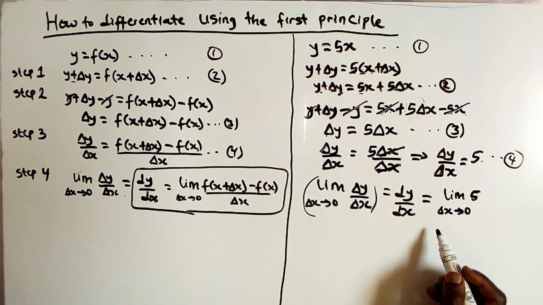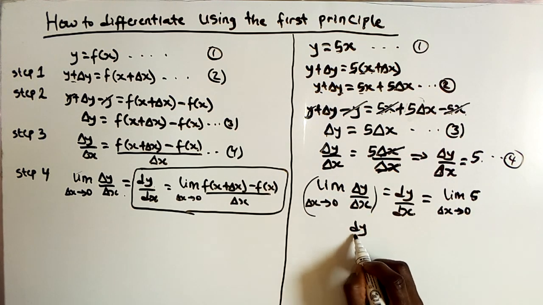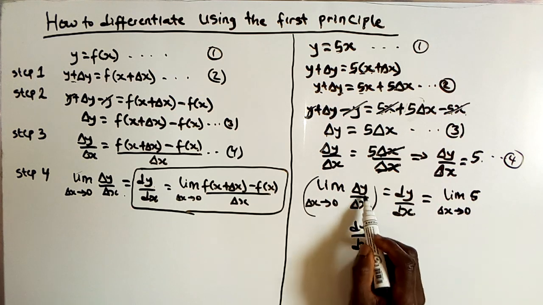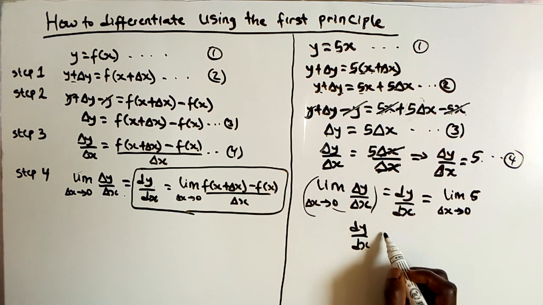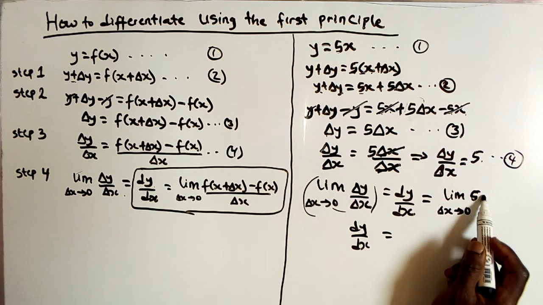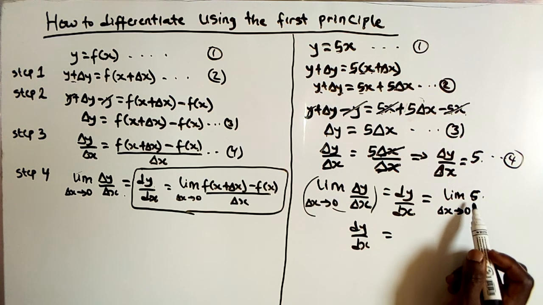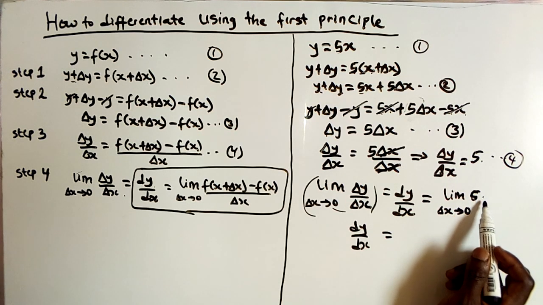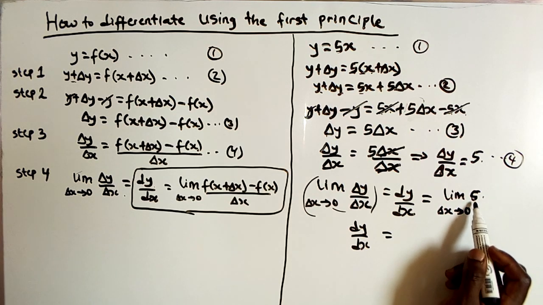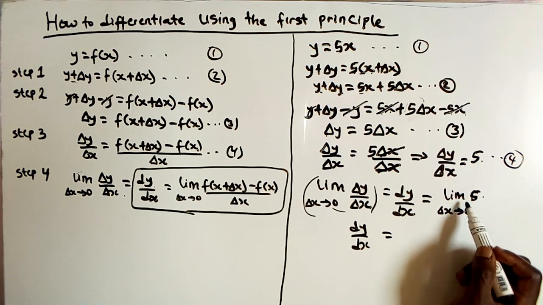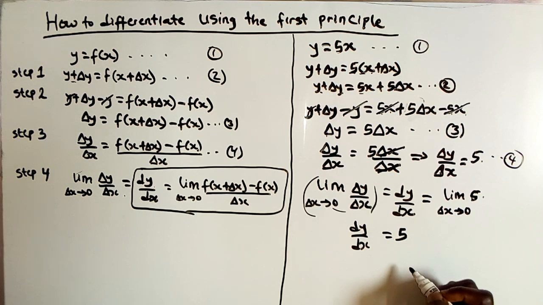Now, so our dy ds is equal to the limit of 5. Now 5 is a constant, there is no ds here, so the limit of a constant is equal to a constant. In other words, the limit of a constant is that constant, so the limit of 5 is 5.